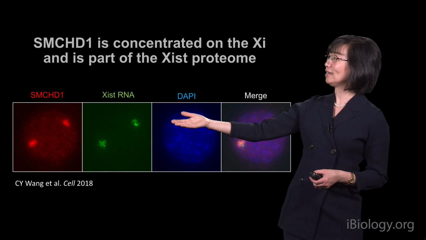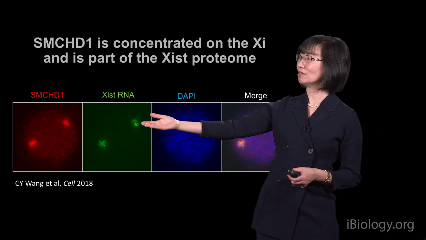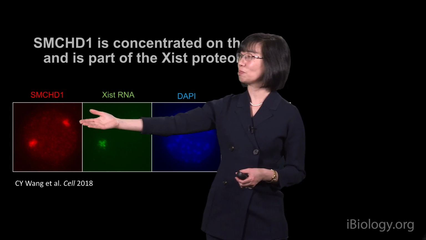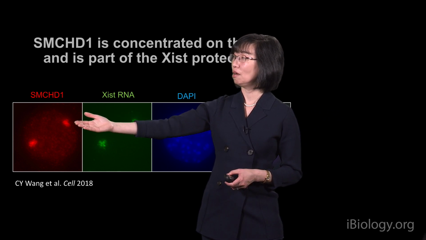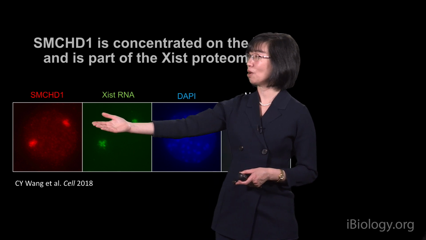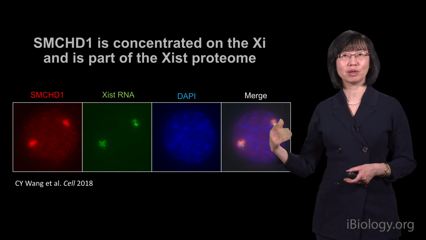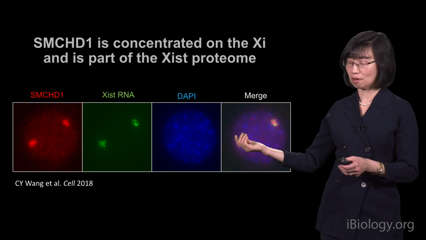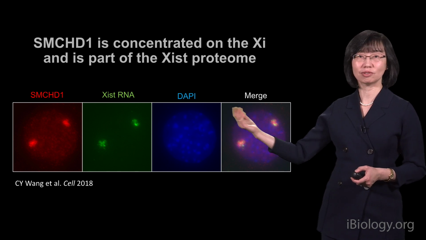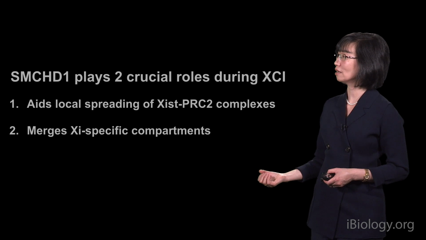So here you can see that Xist plays a very active role in the recruitment and the enrichment of SMCHD1 along the inactive X chromosome. And it is in fact one of the proteins that we identified when we performed the Xist proteomic analysis as a factor that directly interacts with Xist.